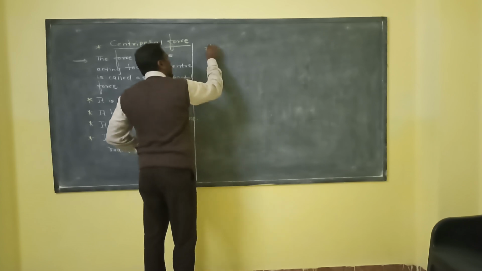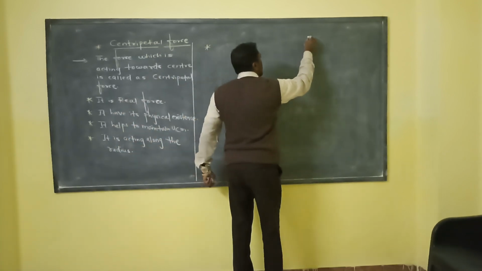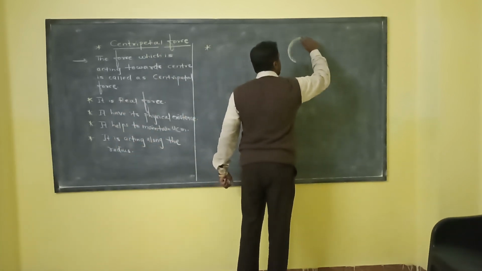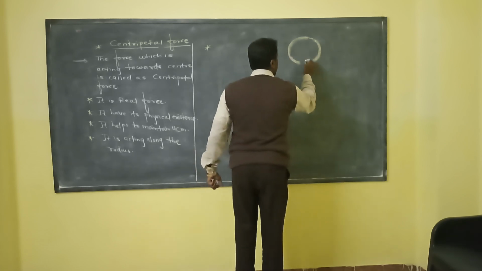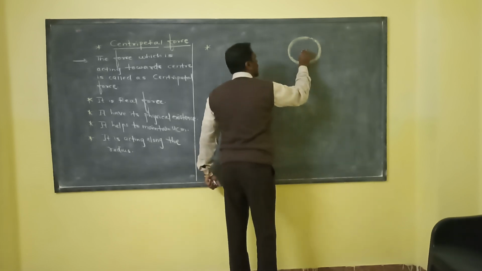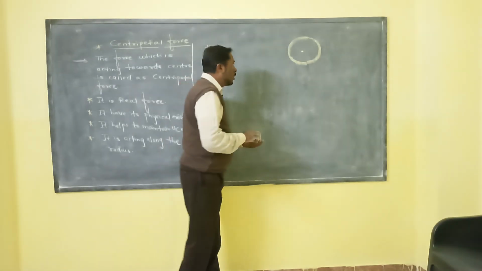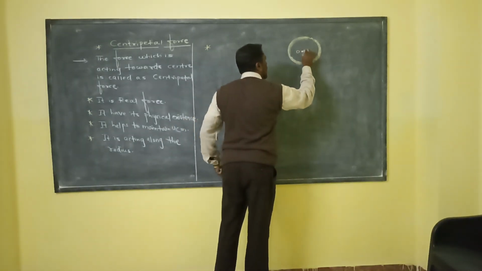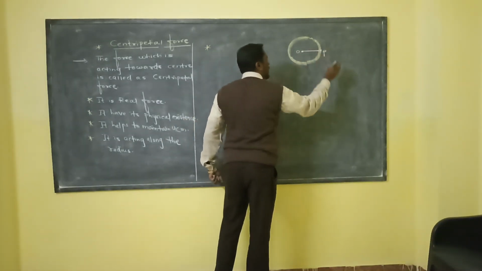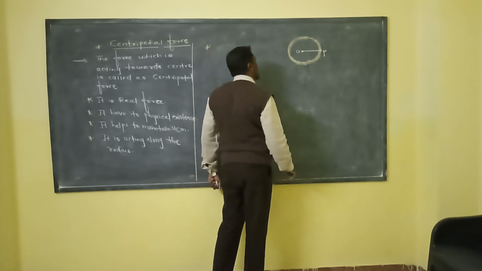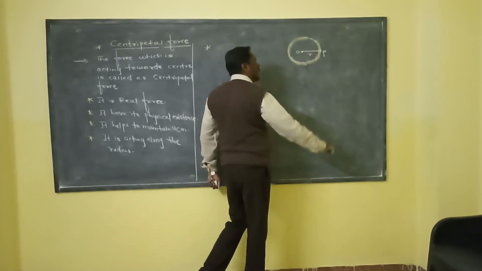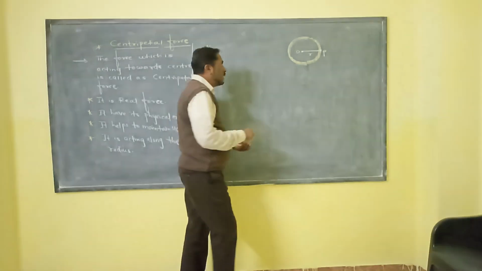We can show it by a simple diagram here. Let us consider a simple diagram in which O is the center, P is the point situated on the circle, R is the radius.